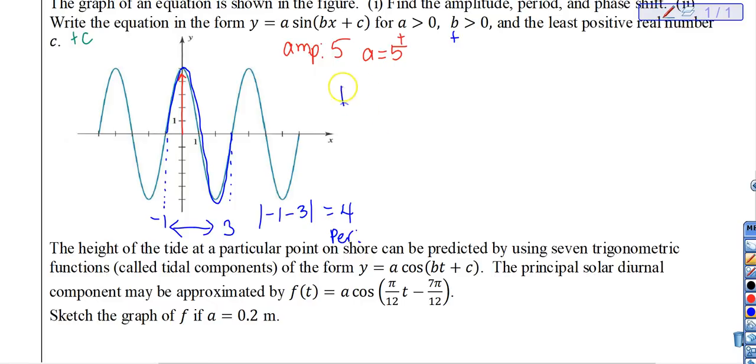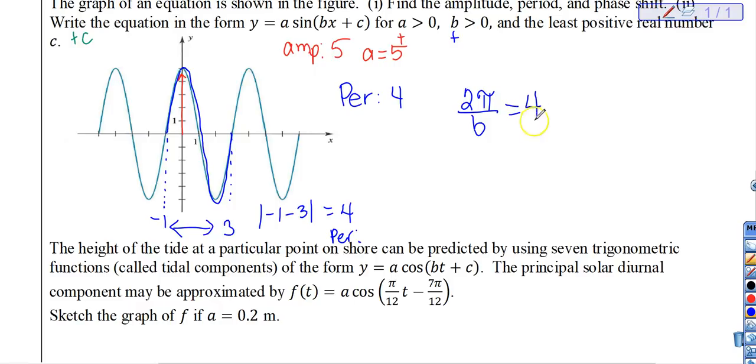Okay, so that's what I'm asked to do. So period is equal to 4. And if we're going to find B, we use the formula for period that says 2 pi over B. It's a positive B, so we don't need absolute value. So 2 pi over B equals the period of 4 that we found.